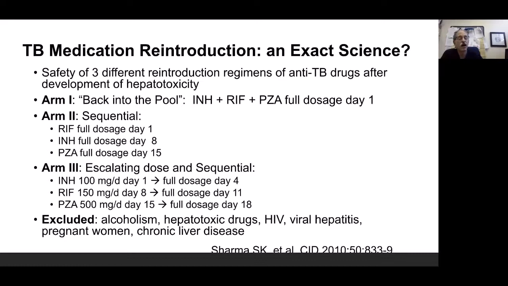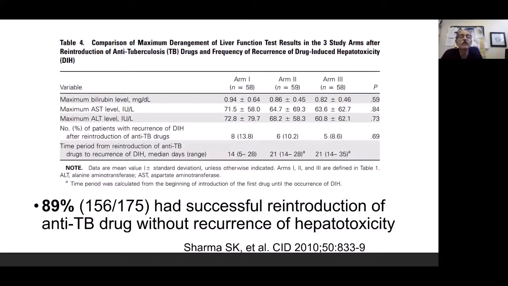And in this study, it turns out that it really didn't make any difference which way you did it. Although starting all the drugs back at once probably had the highest rate of recurrence of symptoms, about 90% of them had successful reintroduction of their TB therapy without recurrence of hepatotoxicity.